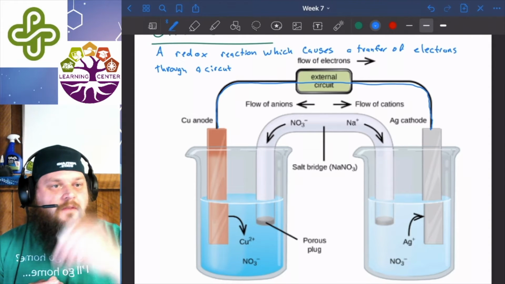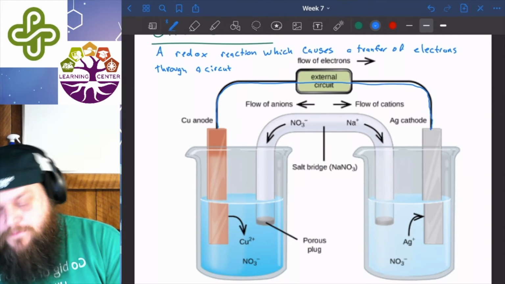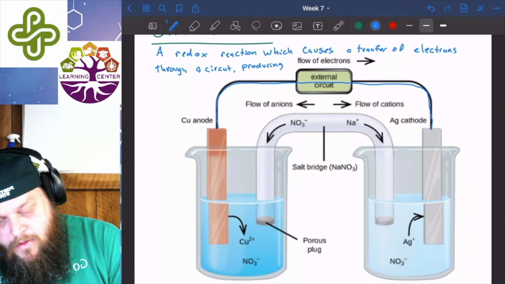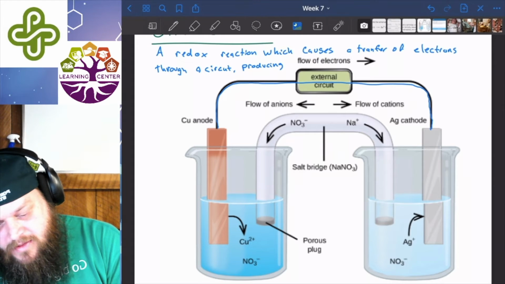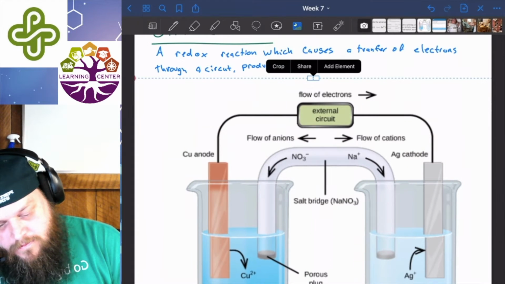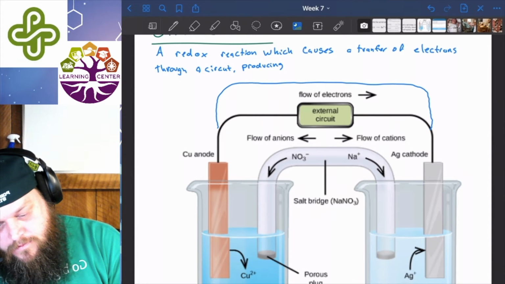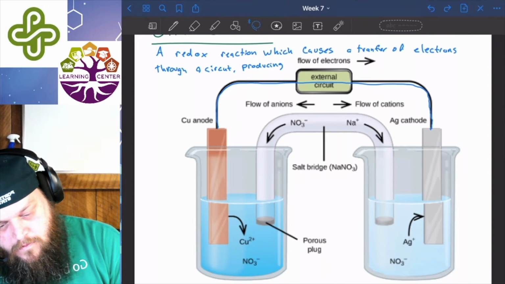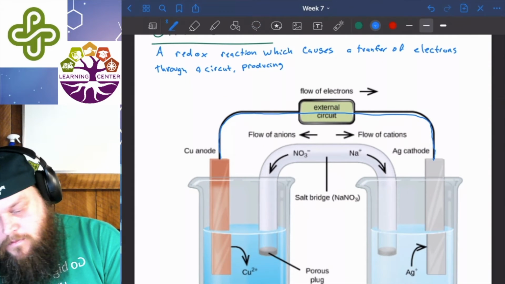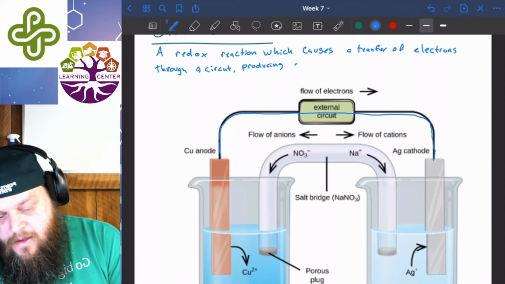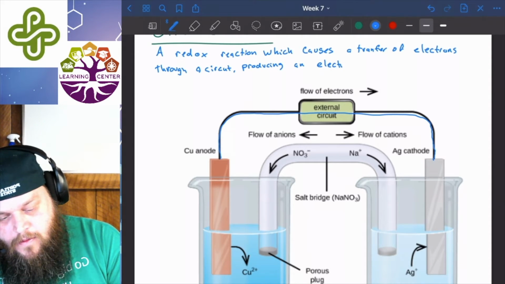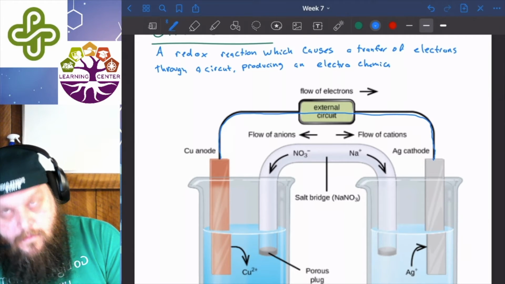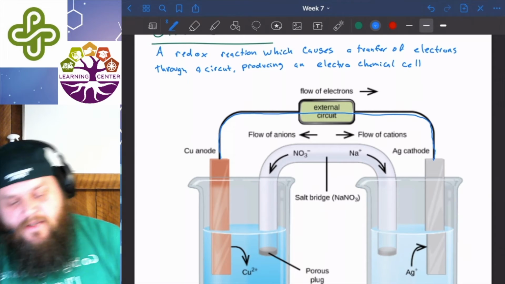It's any path for electrons to travel, which produces an electrochemical cell. So that electrochemical cell is really what we're talking about.